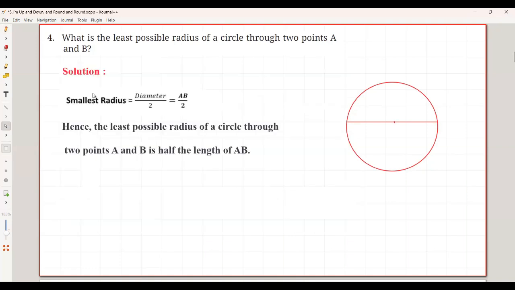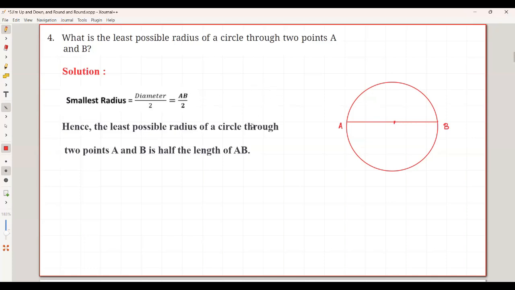The solution: the smallest radius they are asking means it will be diameter by 2. Here if you take this as A and this as B, AB is the diameter. They are asking for the minimum, smallest radius, so diameter by 2, that is AB by 2. This is true for all circles.